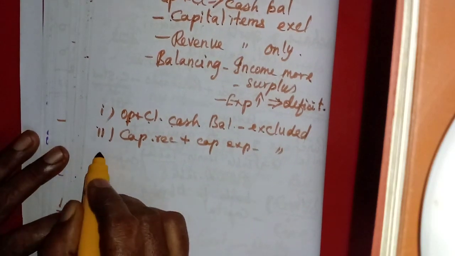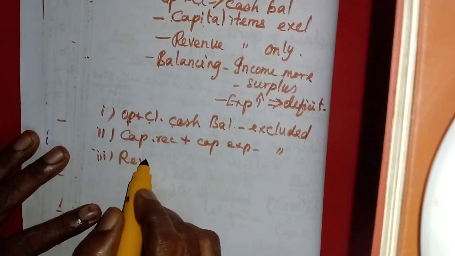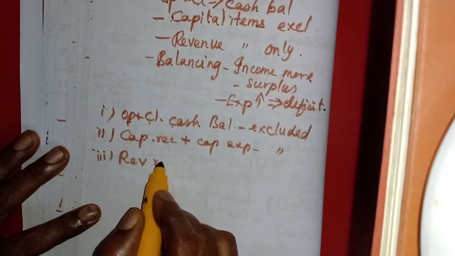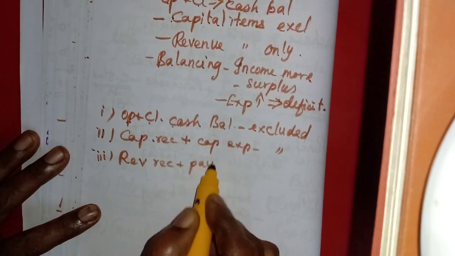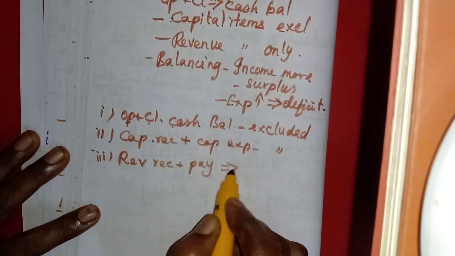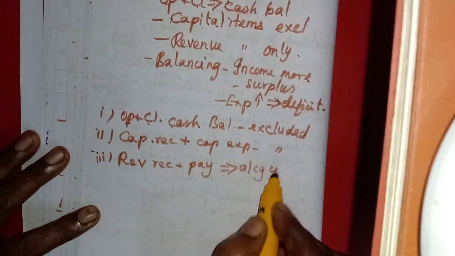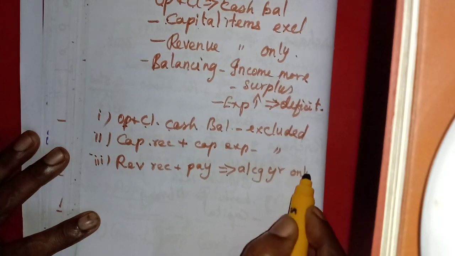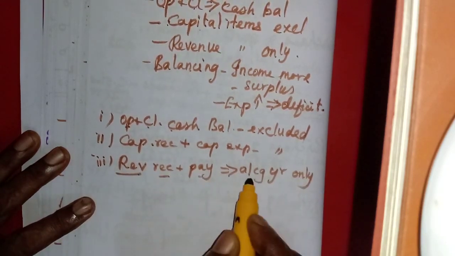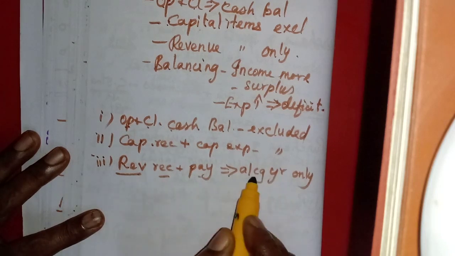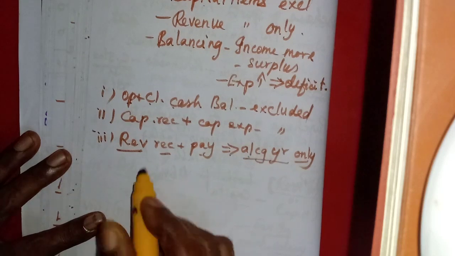Then what should be entered? Only revenue receipts and revenue payments, both related to that accounting year only, will be recorded.